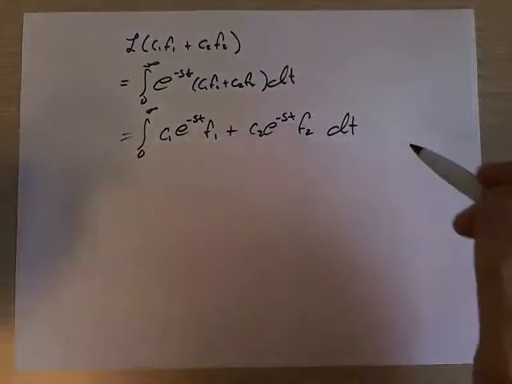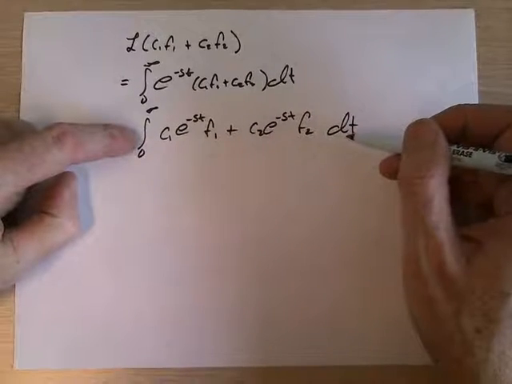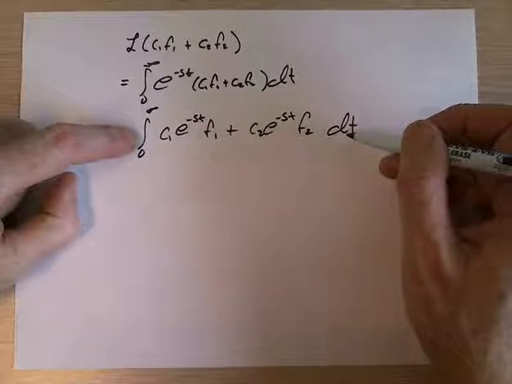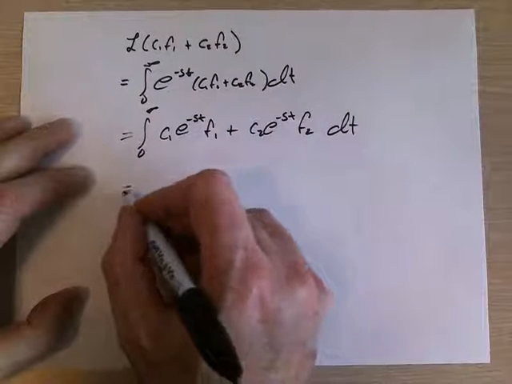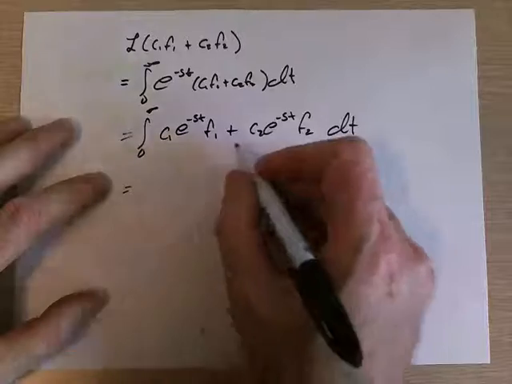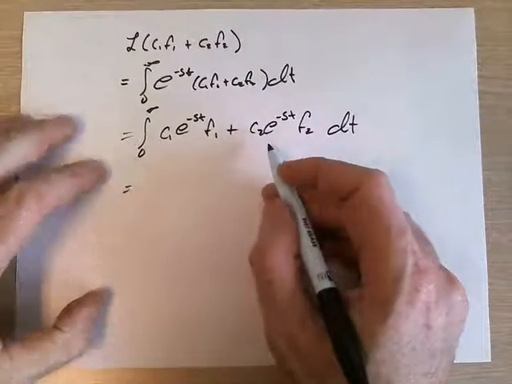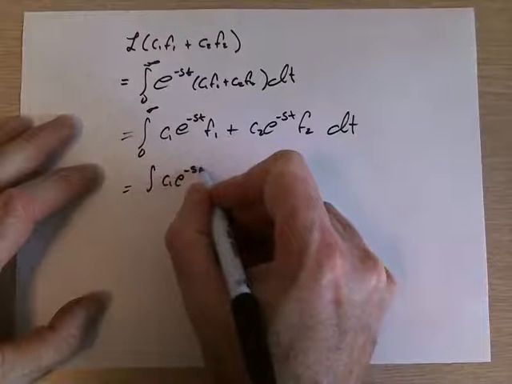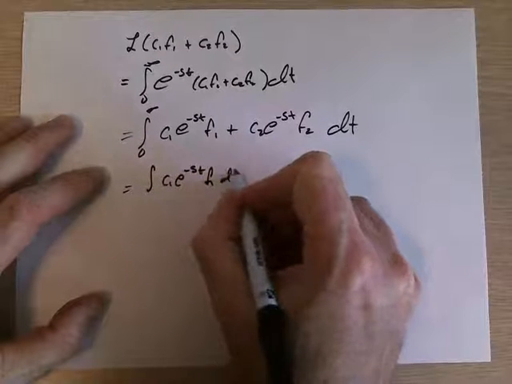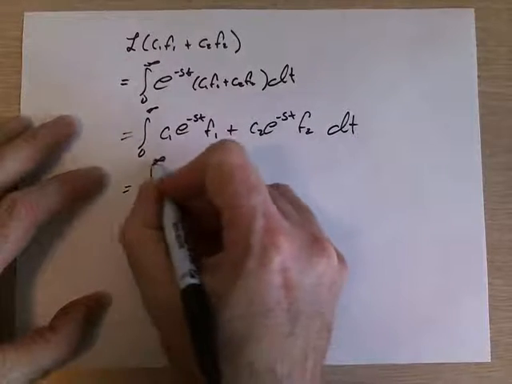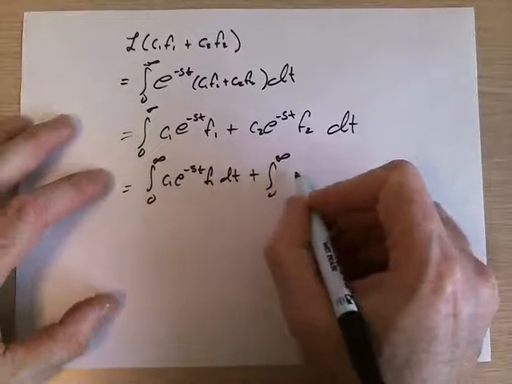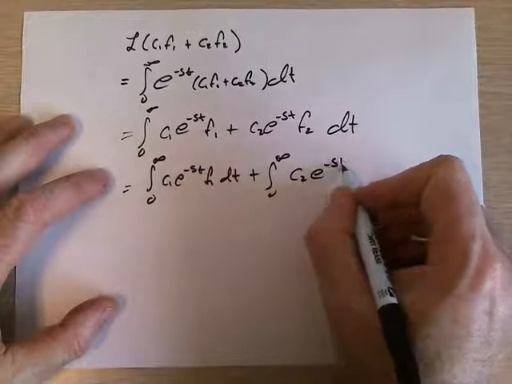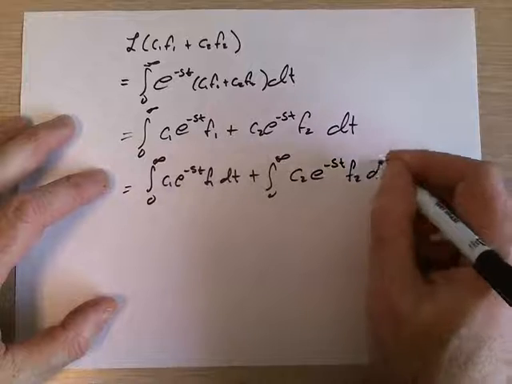But now, the integral, we established this way back in Calc 2, the integral is a linear operator. So this can be written as, the integral of a sum is the sum of the integrals. So I got the integral of c1 e to the minus st times f1 dt plus the integral of c2 e to the minus st times f2 dt.